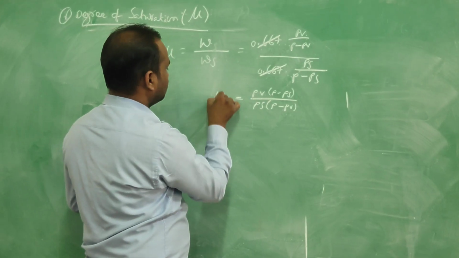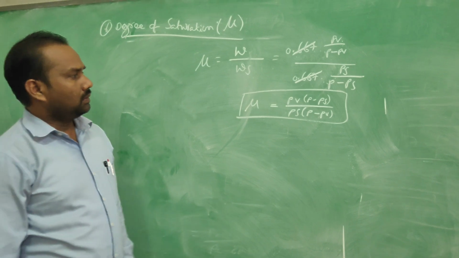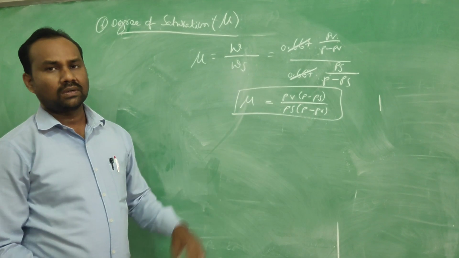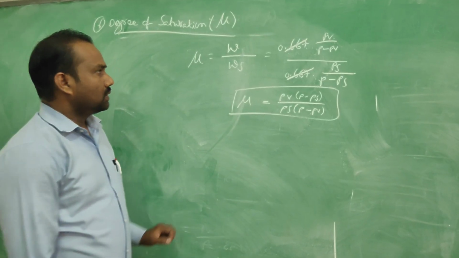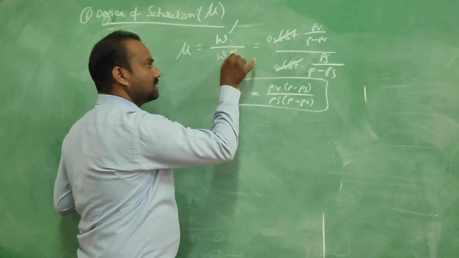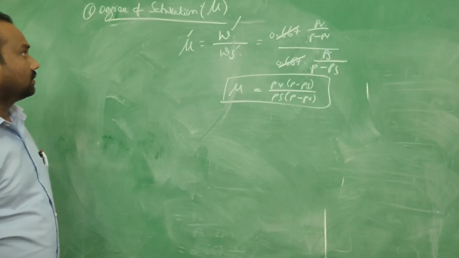This is given as mu. In the numerator and denominator we have pressure units, so it is a unitless parameter. So degree of saturation does not have any units. It is better to calculate the individual values of omega and omega for saturated air. Then if you substitute, you will get the mu value directly.